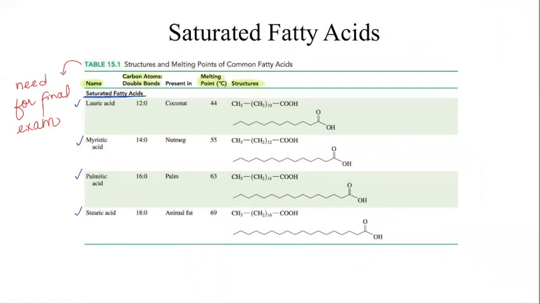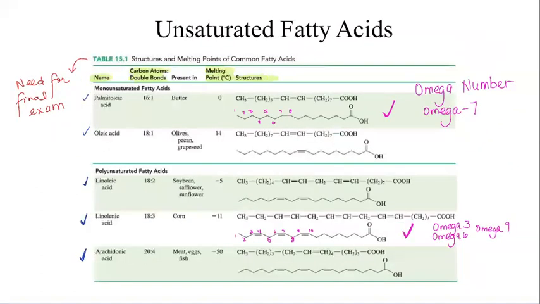So if you compare lauric acid to myristic acid, to palmitic acid, stearic acid has the higher melting point, because it has more carbons. It's going to stack better because it has a larger surface area. Now, when we are comparing those numbers to the unsaturated, look at the values for unsaturated.